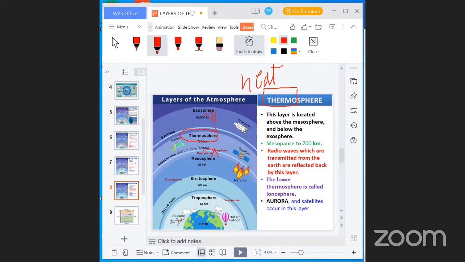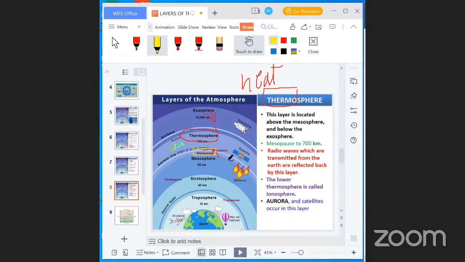Okay. So the boundary between the mesosphere and the thermosphere is called the mesopause. You see here, this is the mesopause. It is the coldest part of the Earth's atmosphere.